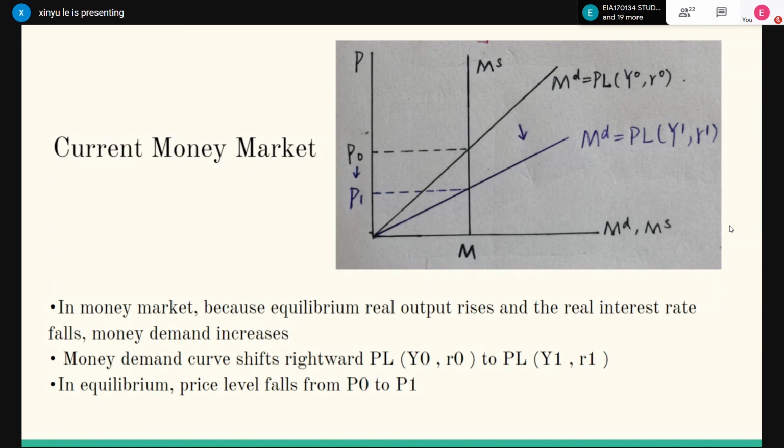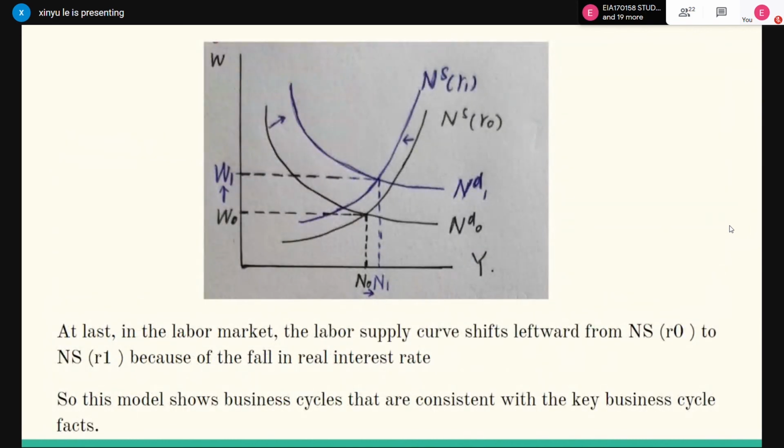In equilibrium, the price level falls from P0 to P1. In the labor market, the labor supply curve shifts leftward, sorry, from R0 to R1, because of the fall in the real interest rate.